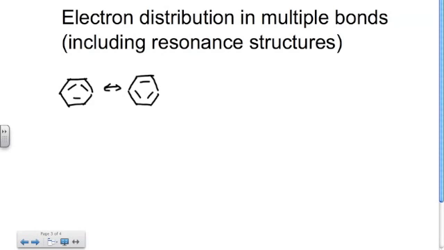So we've got a carbon, a carbon, a carbon, a carbon, a carbon, a carbon here. Each of those carbons has p orbitals involved in the bonding.